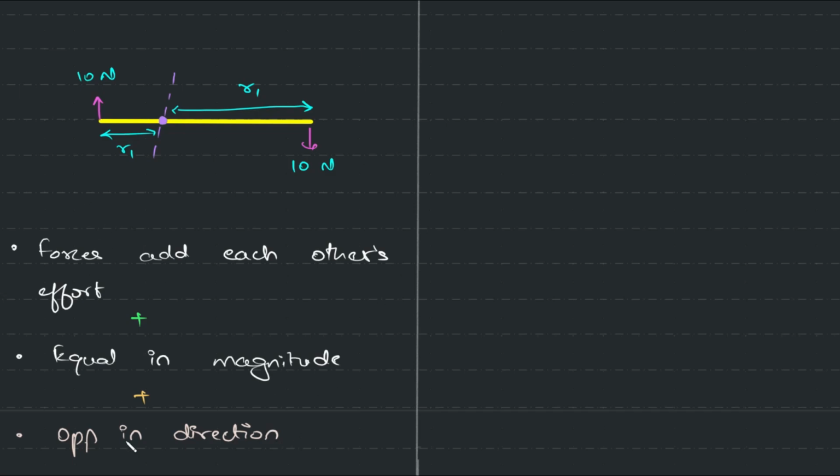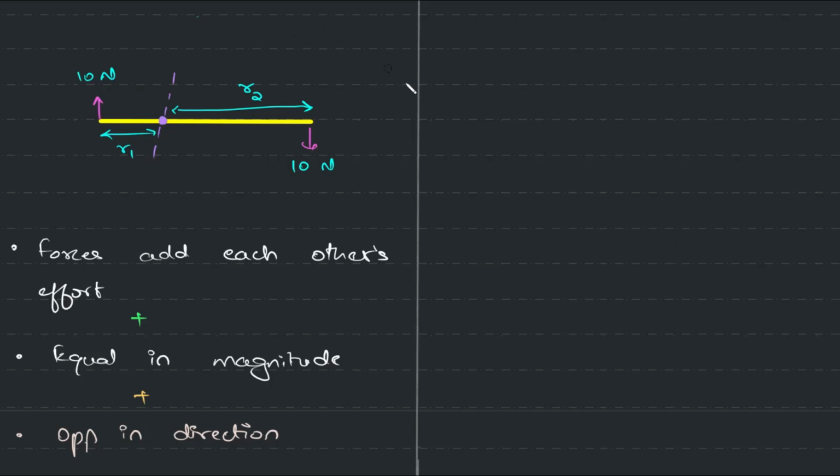Whatever I listed over here, does it make sense? Does it reflect over there? Of course, this is not R1, this is R2. They need not be equal. So R1 need not be equal to R2. This condition need not be satisfied. If it's equal, it's okay.